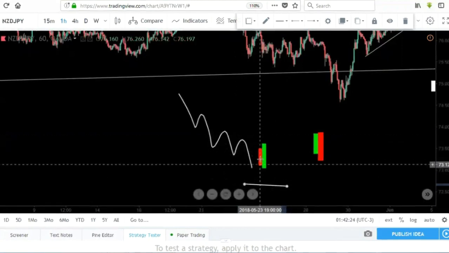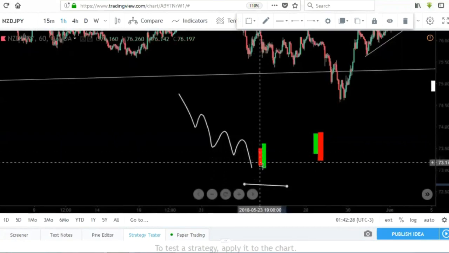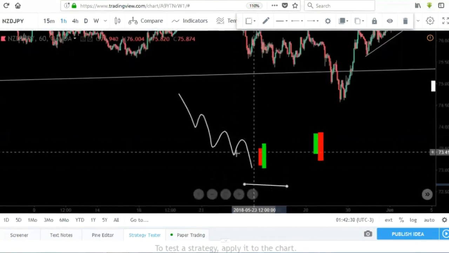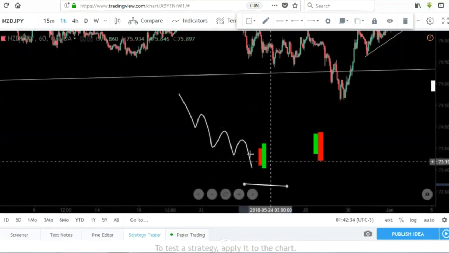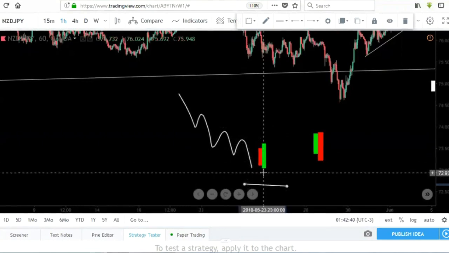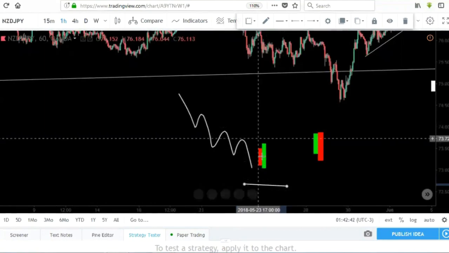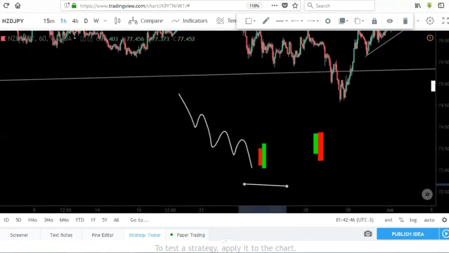It's a bearish candlestick, followed by a bullish candlestick. And now the bullish candlestick has way more momentum than the bearish candlestick, meaning that the buyers are now starting to take over. So this can be seen as a bull signal.